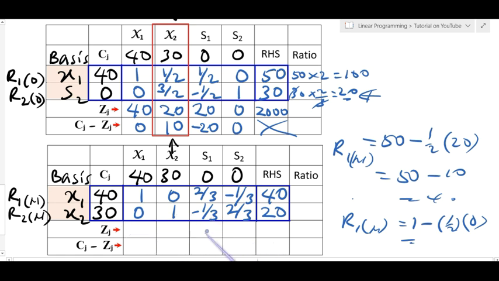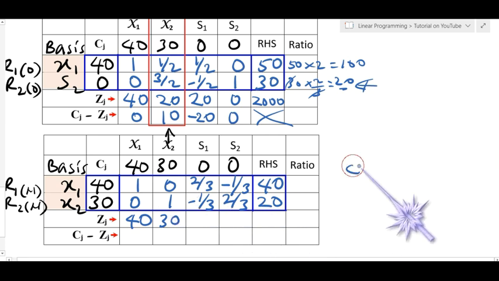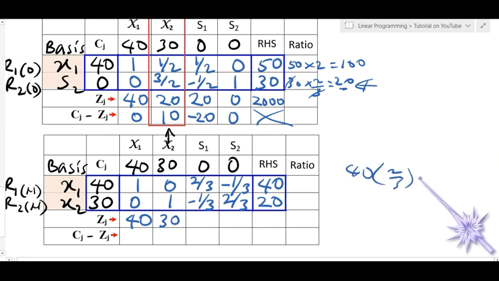After that, let's talk about our zj row. That is 40 times 1 plus 30 times 0. That will give us 40. Here, 40 times 0 plus 30 times 1 will give us 30. Here, we have 40 times 2 over 3 plus 30 times minus 1 over 3. That will be 40 into 2 over 3, plus 30 into minus 1 over 3.